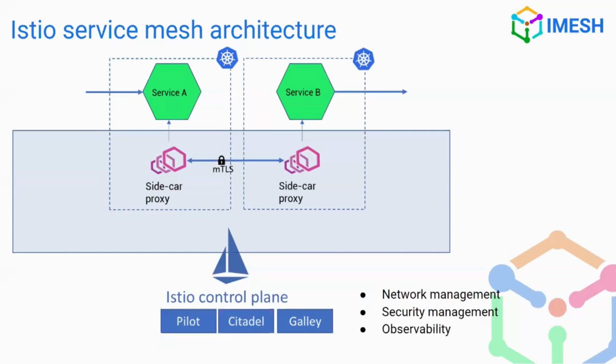In addition to this data plane, there is also something known as the control plane. This is called the Istio control plane. So why is this there? How do you think this proxy will attach to a container magically? We need something to inject the proxy, isn't it?